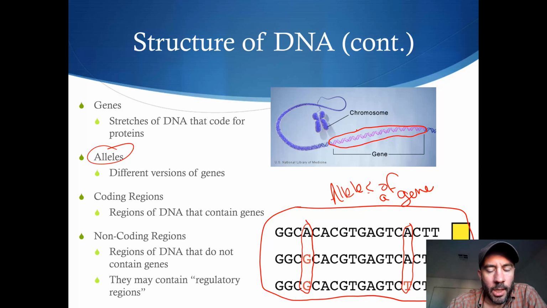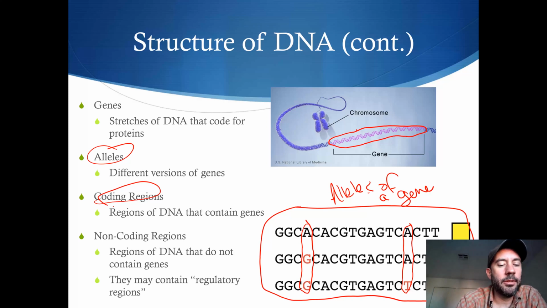Okay, so within a gene, there are areas that code for proteins and there are areas that don't code for proteins. And in fact, throughout all of DNA, there are areas that don't code for proteins. The ones that do are called coding regions. Those coding regions have genes within them, but even genes may have non-coding regions within them.